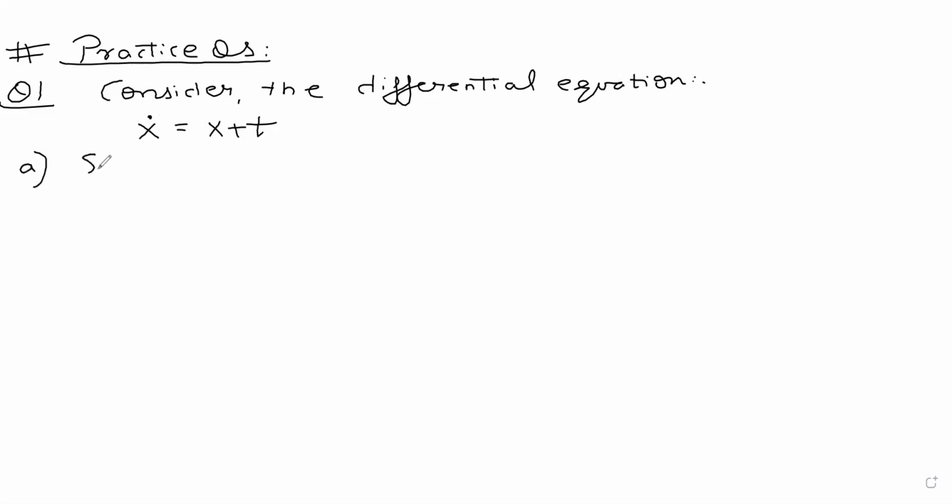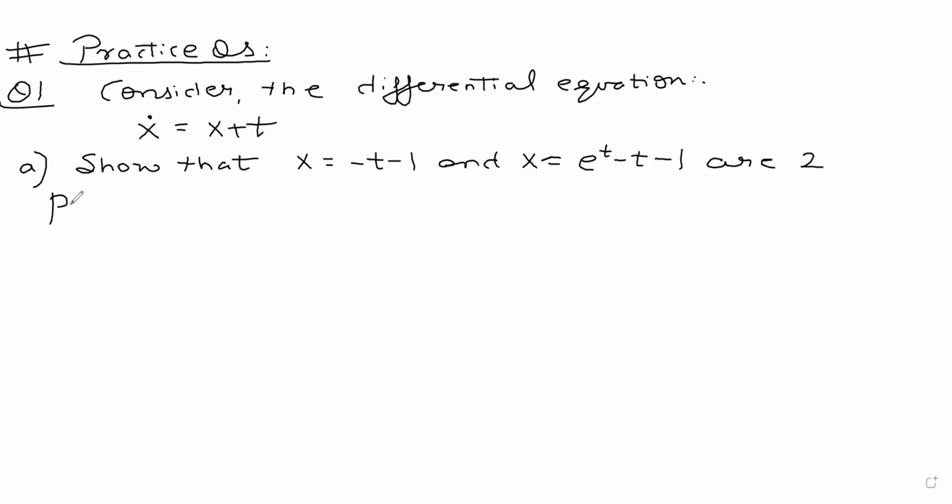Part 1 asks us: show that x equals minus t minus 1 and x equals e to the power t minus t minus 1 are two particular solutions of the equation over the entire real line.